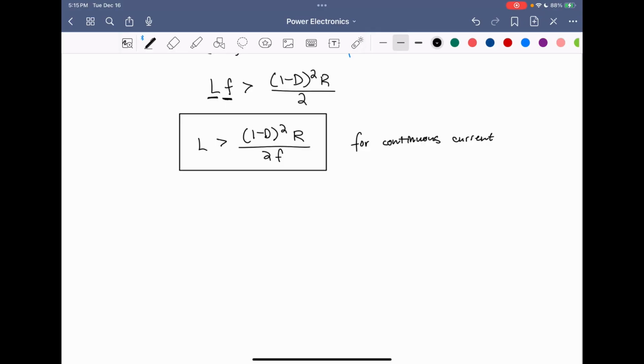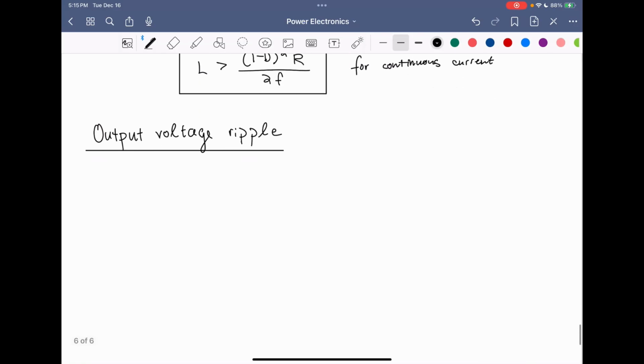So we've analyzed the circuit under the small ripple approximation for the capacitor voltage. Now, what if we relax that constraint and study what the voltage ripple is at the output? In this case, we know that for a capacitor, the change in charge stored on a capacitor is equal to the capacitance times the change in voltage across the capacitor.